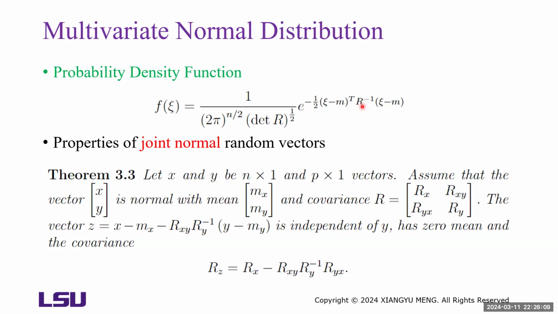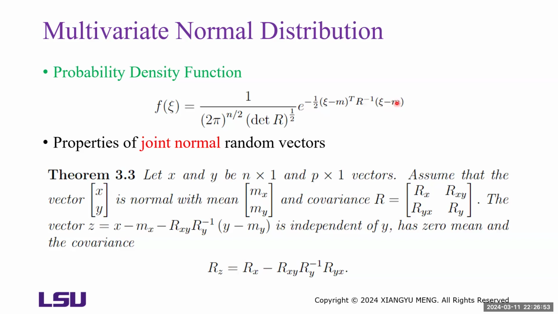If this random vector is normal, then we know its probability density function can be described in this way. The density will be 1 over (2 pi) to the n over 2, where n is the dimension of the random vector, times the square root of the determinant of R, where R is the covariance matrix, times the exponential of negative 1 over 2 times (c minus m) transpose, the inverse of the covariance matrix R, and (c minus m).